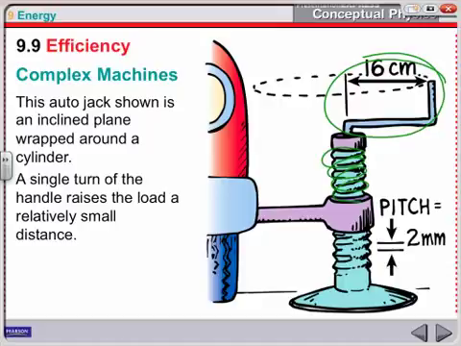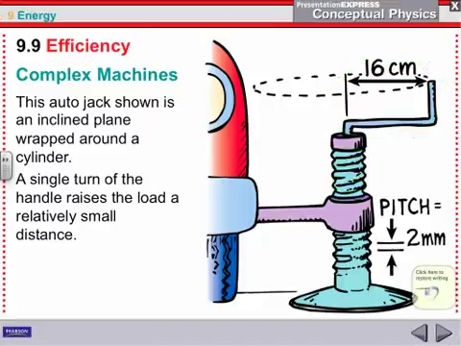All of these things multiply the force. So I can lift a car. Think about the car jack. I can lift this heavy car just by simply turning this, and it doesn't feel like a lot of force that I have to put into that.